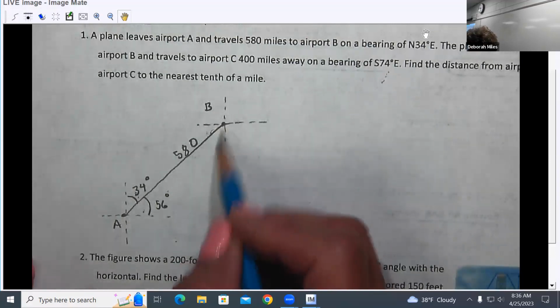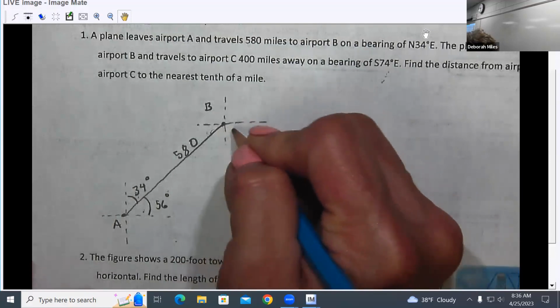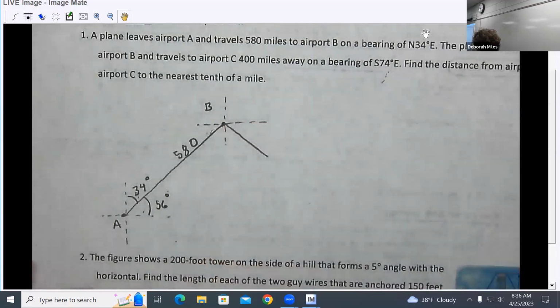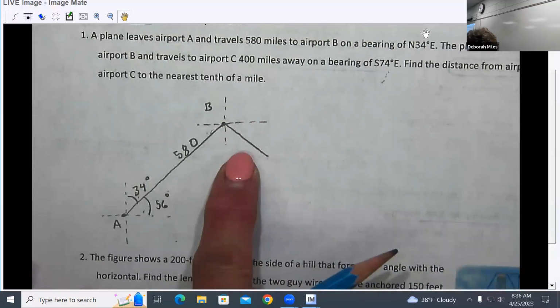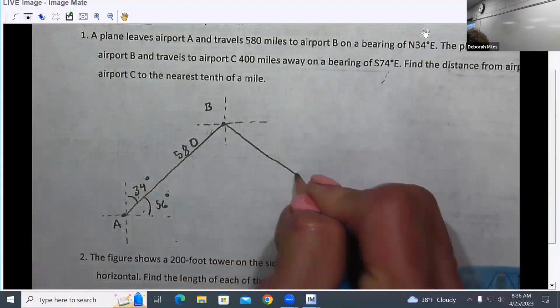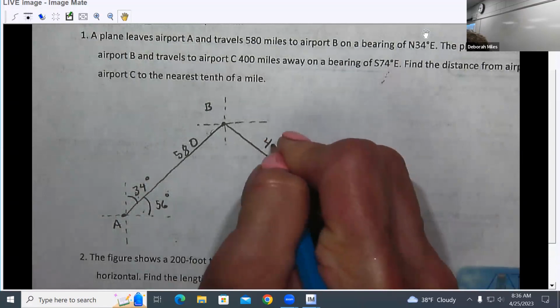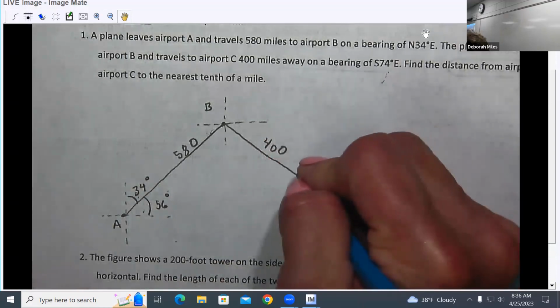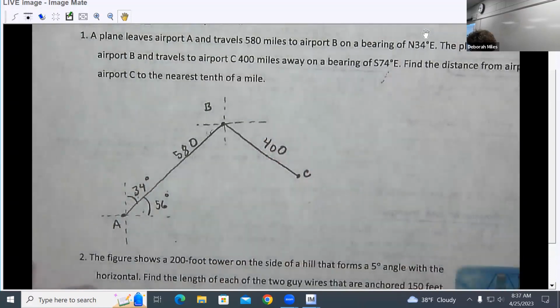Here's south. 74 degrees east of that might be here-ish. It's only going 400 miles in this direction, so I'm going to make that side look shorter than the other side. And then it's at airport C.